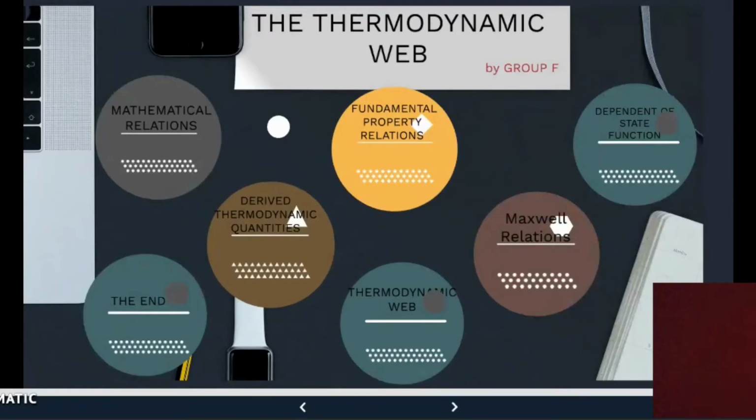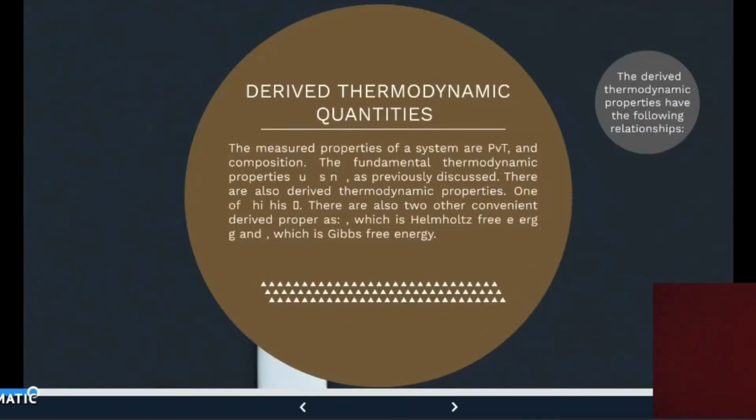Proceeding with the next part, which is the fundamental properties and the derived thermodynamic quantities. In this part we would like to share how we derive these thermodynamic quantities. We want to share about derived properties, which include Helmholtz free energy and Gibbs free energy.